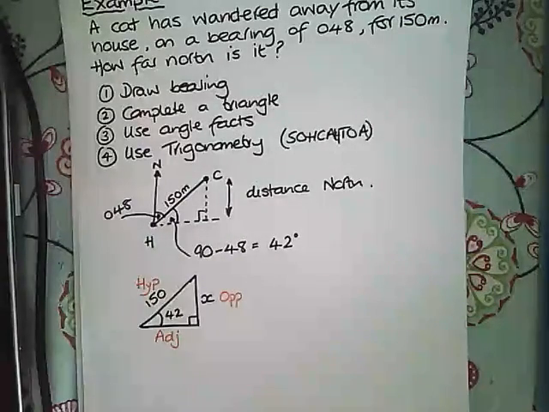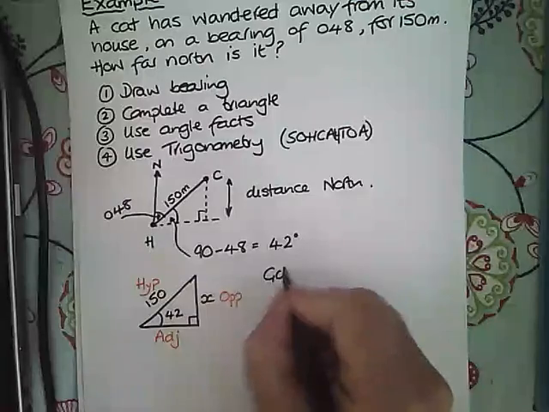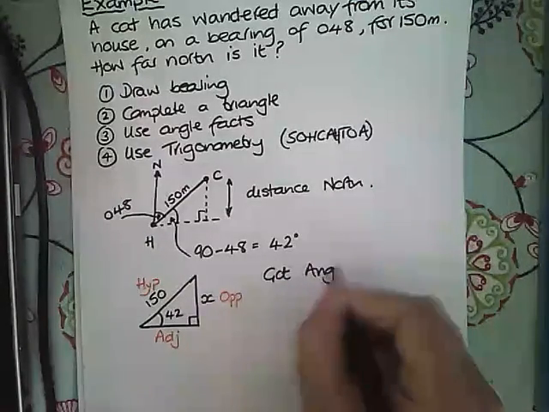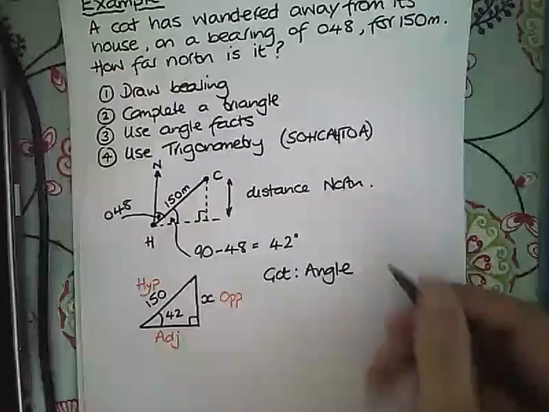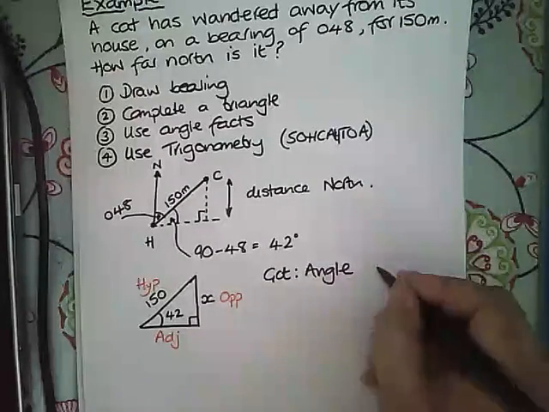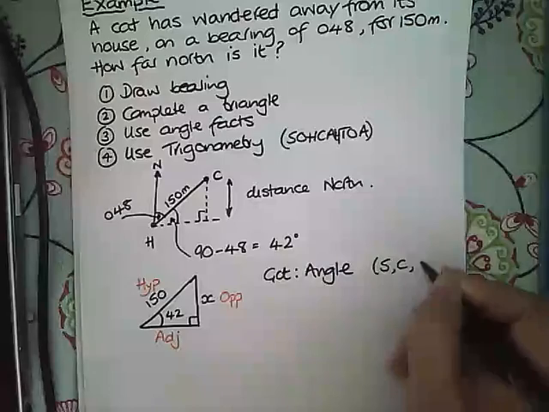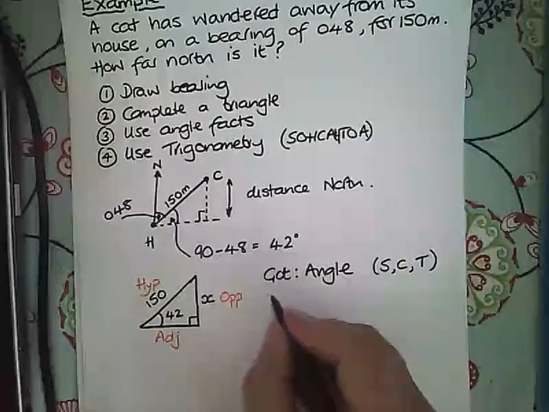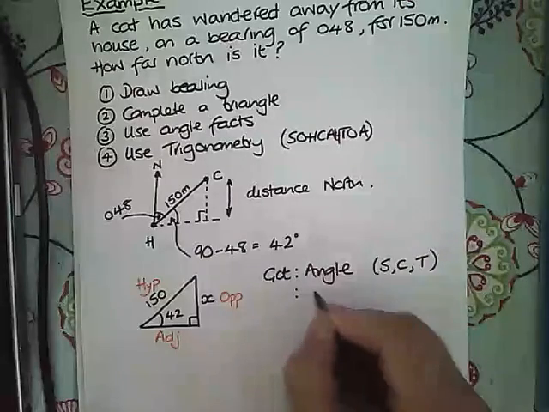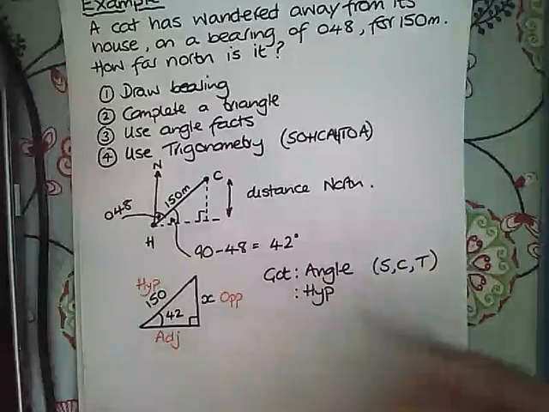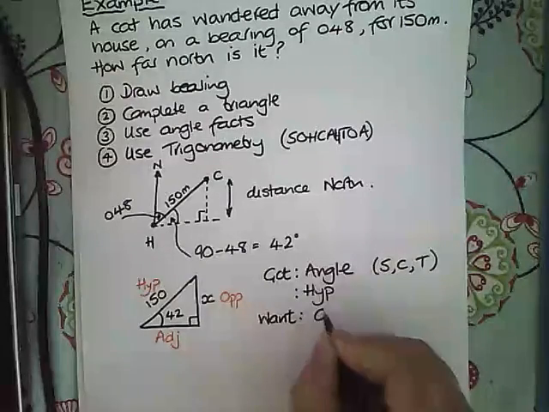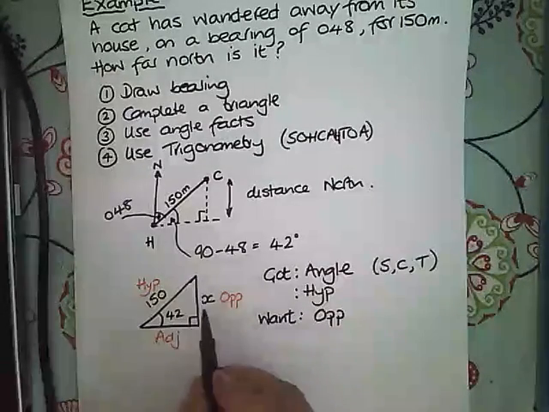So we write down what we have got. We have got the angle, the 42 degrees, and that means in our SOHCAHTOA then we have got the S, the C and the T, because remember they are stored on our calculator. We have also got the hypotenuse, and we want to find the opposite, which is labelled X here.